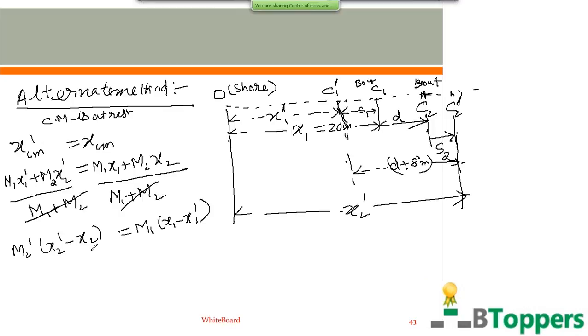X2 is the initial distance of the boat from the shore, X2 dash is the new distance of the center of mass of the boat from the shore. So X2 dash minus X2 gives the distance moved by the boat with respect to the station observed. Here you can write M2S2 equal to M1S1.